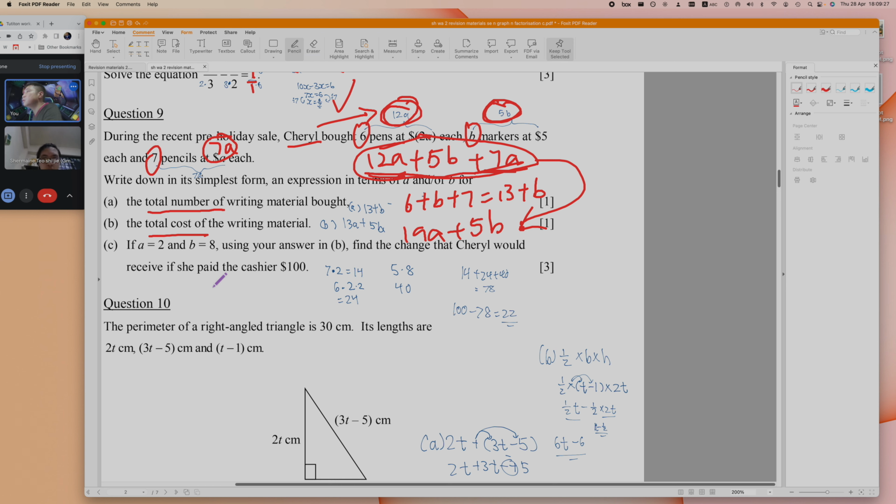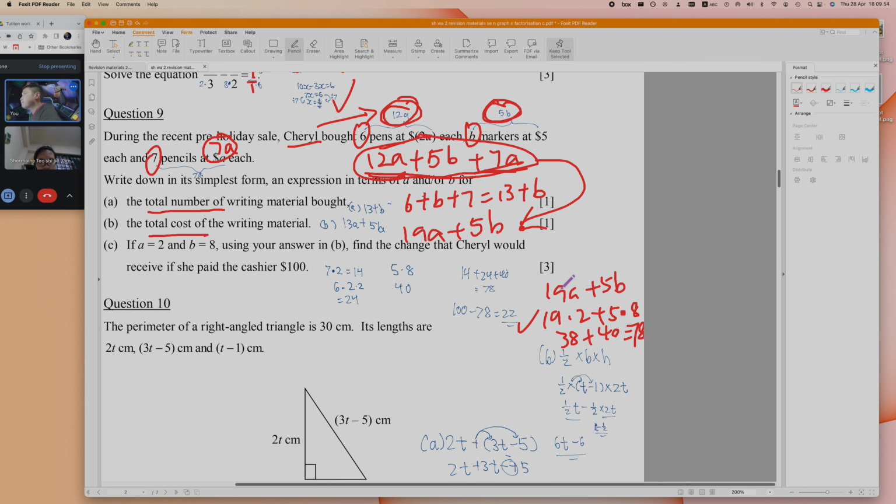So this is 19A plus 5B. So 19A means 2, then plus 5 times 8. So I should get 38 plus 40. So this is 78. So yeah, $22 change.